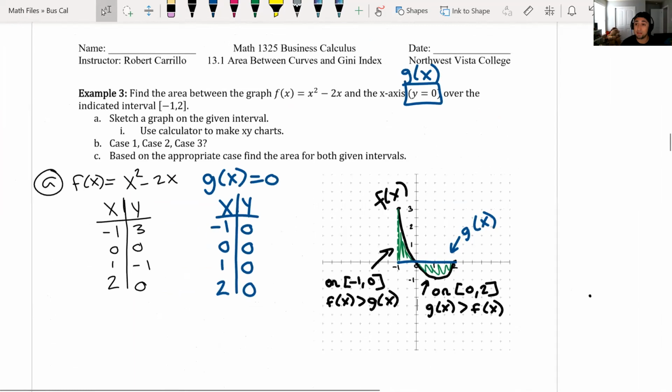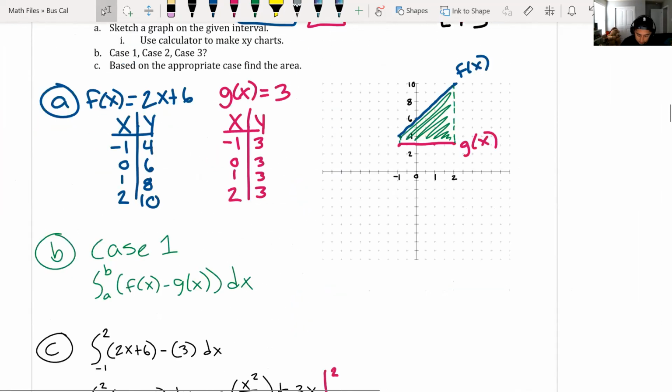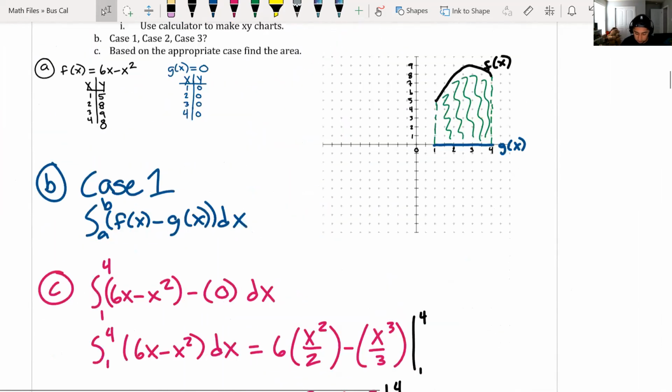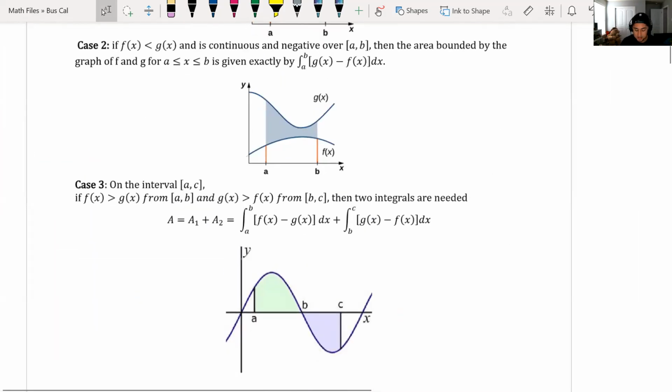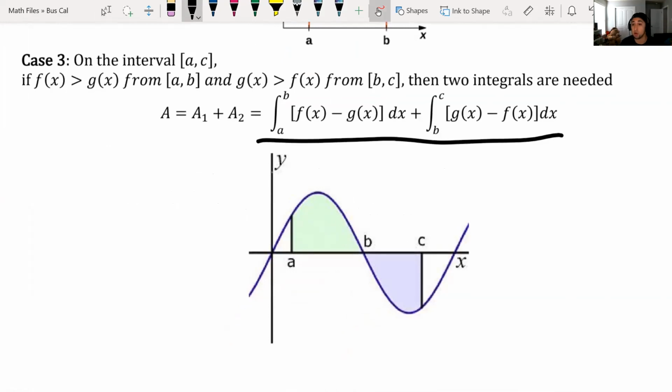So let's look back at the very first page. And this means that it's going to be a case 3, because now we're given some interval a to c where f of x is greater than g of x and g of x is greater than f of x. This means we are going to need 2 integrals. So this means we are using this whole formula here.